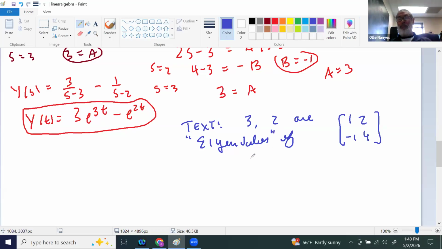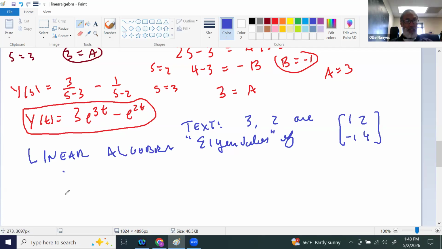Now, where does that all come from? So let's look at what we just did, from the linear algebra point of view. Using some linear algebra, which we did not develop in class, and this is a general idea.